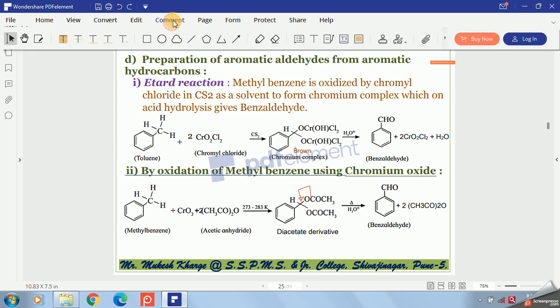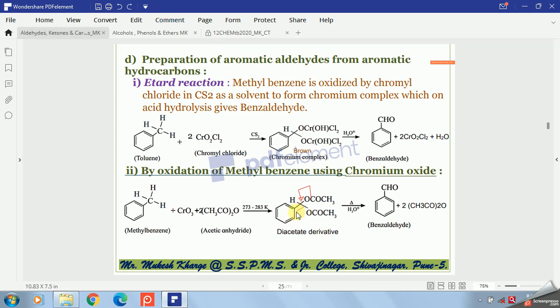So we have to break the next carbon oxygen bond, and this oxygen forms a bond with this carbon.